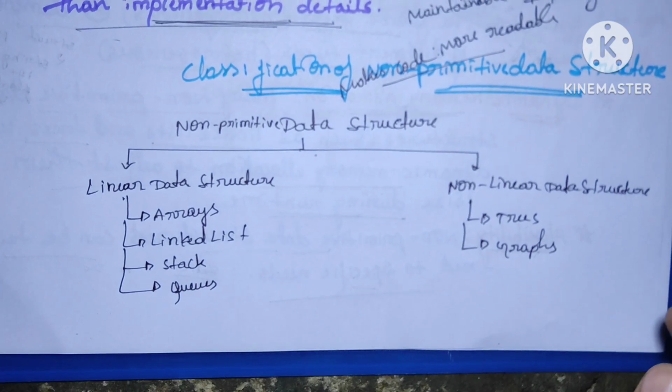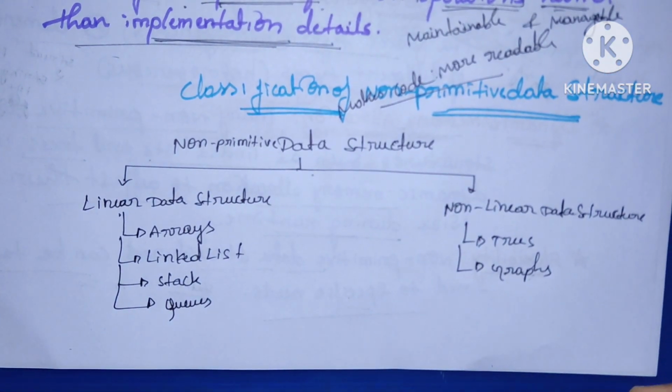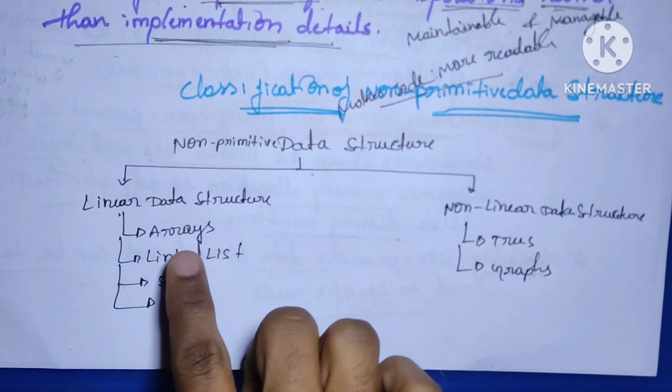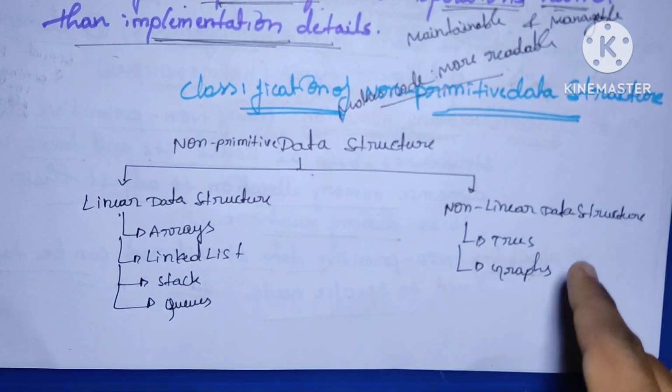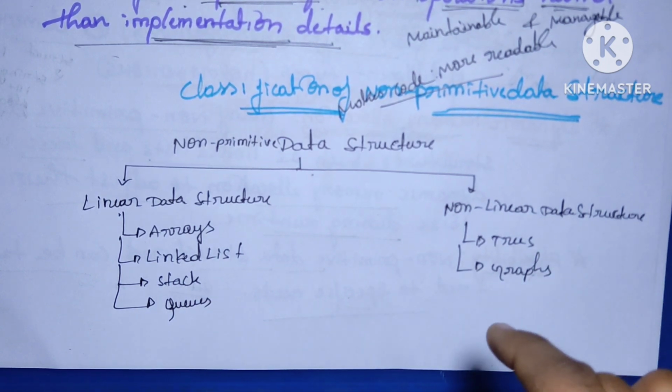So this is the classification of non-primitive data structures. Majorly we divided it into two parts: one is linear and the other is non-linear. In further classification: linear has arrays, linked lists, stacks, queues; non-linear has trees and graphs. Thank you.